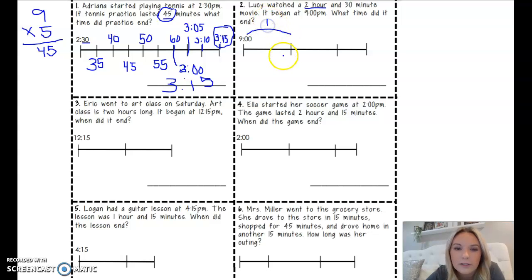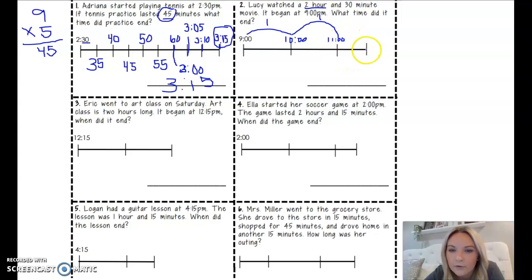If we're looking at a clock, the next hour is 10 o'clock. Then we're going to jump another hour because it said 2 hours. So this would be 11 o'clock. Man, getting late. Hopefully Lucy doesn't have any exciting plans the next day. We're not jumping another hour from here because it only says 2 hours, but it does say 30 minutes.